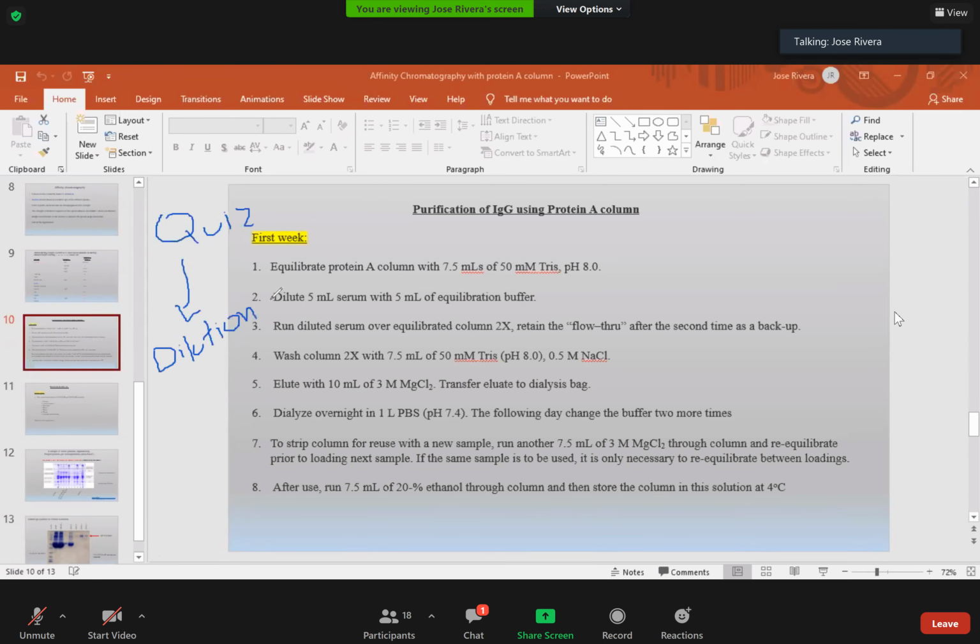So that's why I went over the hemocytometer, all the concepts related to serum and blood. You know what is blood, what is serum, what is plasma, how do you do dilutions, what kind of proteins you get in blood. Okay, just give me a minute and I'll let you know what's in the quiz. Just hold on a couple of minutes. Maybe I don't remember everything.